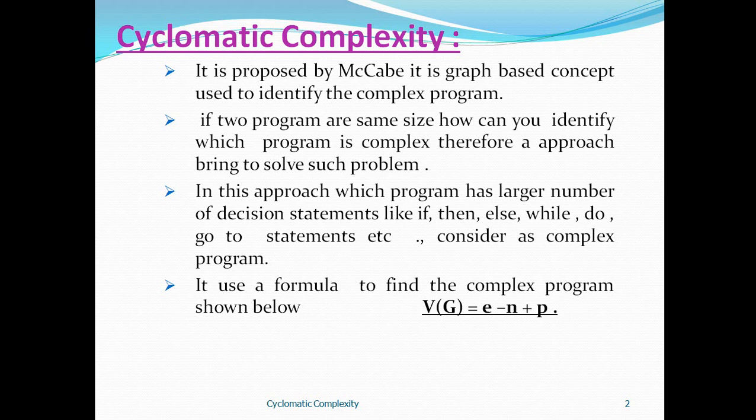The cyclomatic complexity is proposed by a person named McCabe. It is a graph-based concept to identify the complex program.